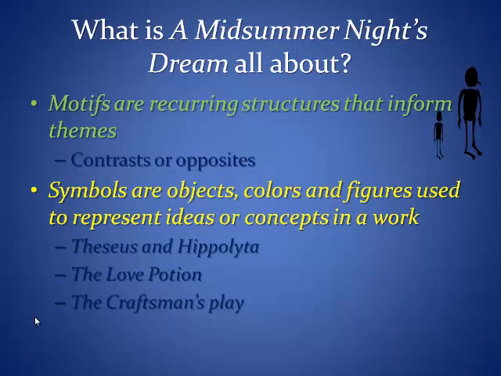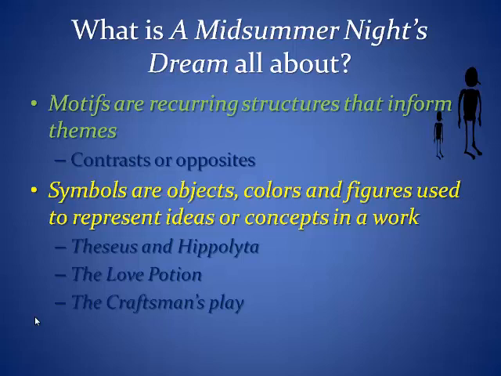They are objects, colors and figures used to represent ideas or concepts in a work. The characters Theseus and Hippolyta represent order and stability. The unreasoning and fickle nature of love is explained through the love potion. The craftsmen's play represents the theme of this play, A Midsummer Night's Dream.